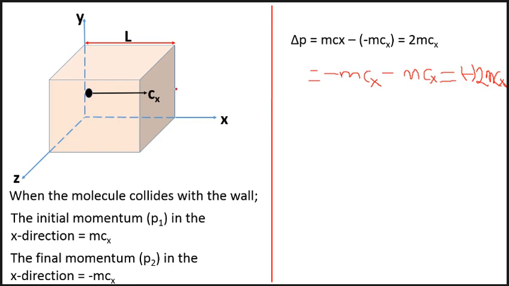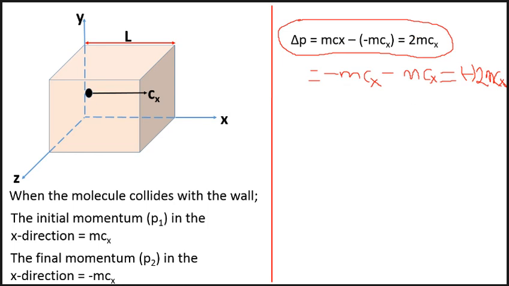But if I'm considering the fact that the object is starting from the right hand side and moving towards the left hand side, hits the wall and bounces back to the right hand side again, then this particular equation is perfectly correct, which will be 2mcx. Of course, it's still the same thing. The only difference is the direction.